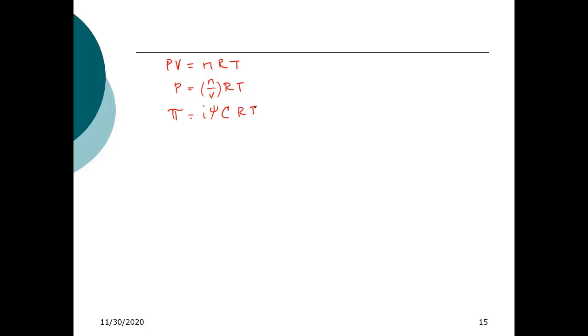So we're replacing n over V with just our concentration, and i and phi represent the number of ions and the osmotic coefficient. So again, we've used NaCl. We said we've got 35,000 milligrams per liter, and that dissociates to form sodium ions plus chloride. So i is equal to 2.